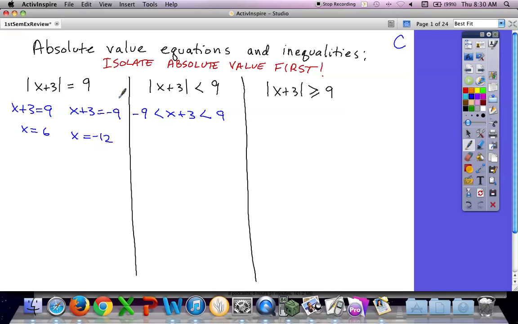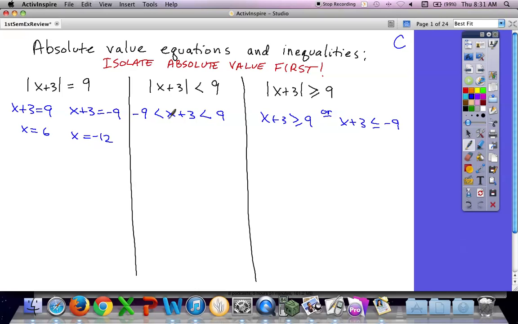Now, we're going to see when we do this one, because it's a greater than, that we use 2 different inequalities. x plus 3 greater than or equal to 9, or x plus 3 less than or equal to negative 9. A lot of times you try to do that here, and you can get it right.